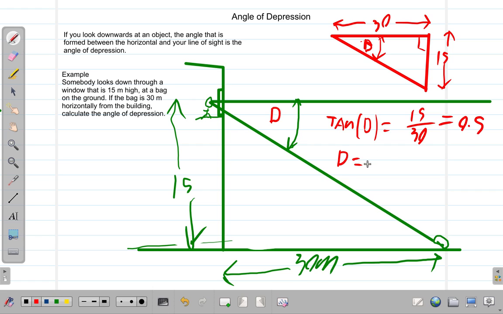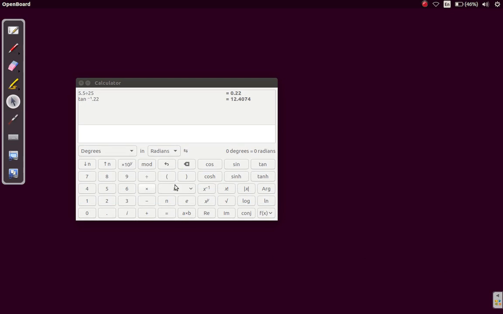So therefore D is, remember what to do? D is the tan inverse of 0.5. So let's try that. The tan inverse, we have a calculator. Tan inverse, no, that's sine inverse.